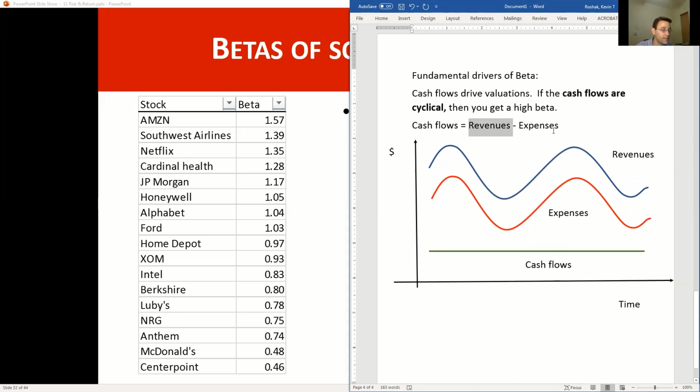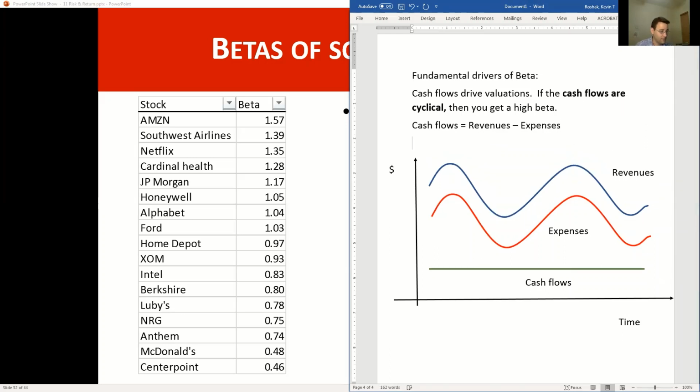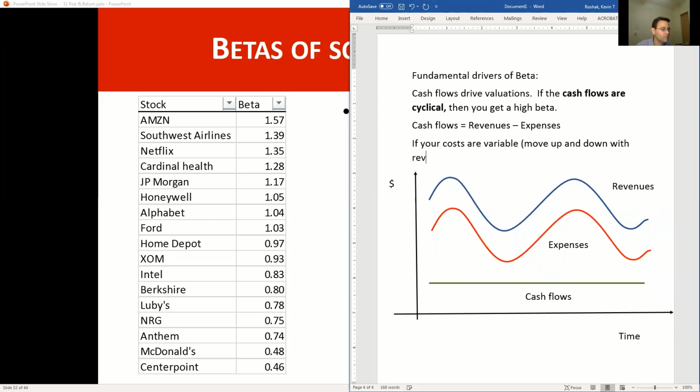Cyclical revenues are one thing that could drive cyclical cash flows. The other thing would be high fixed costs. Right? So if your costs are variable, variable costs means that they move up and down with revenues. And your cash flows are going to be pretty constant.